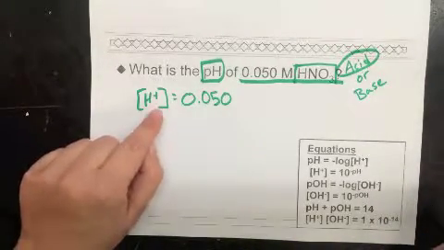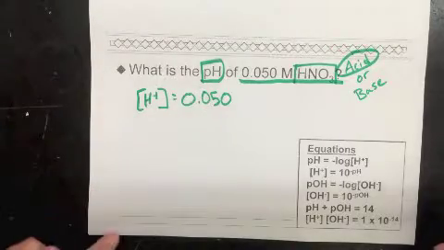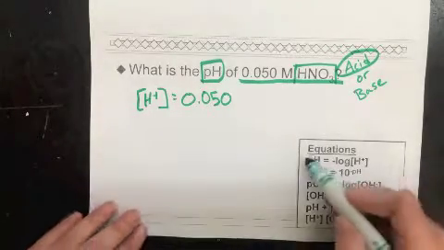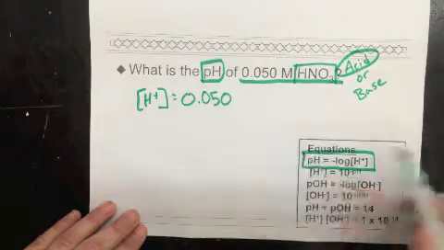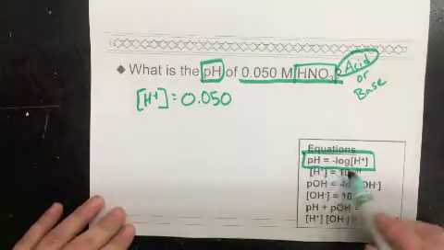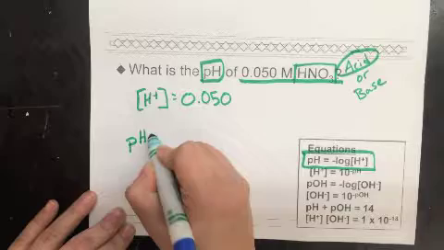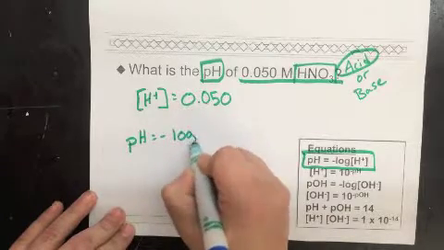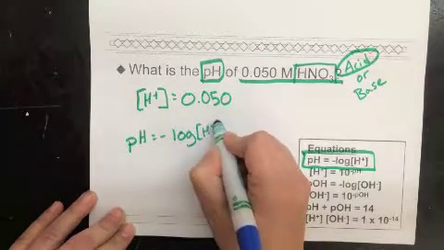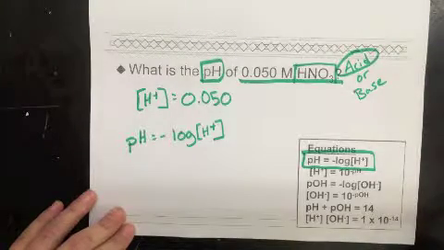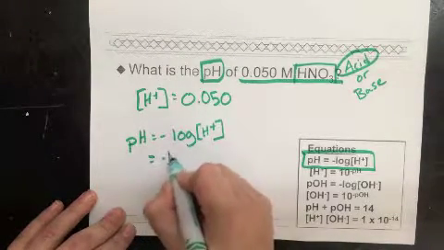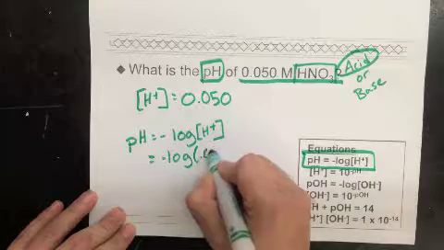Is there an equation that has H+ solving for pH? Your answer should be yes. It's this equation right here. We're simply going to use pH equals the negative log of H+ and simply plug it in. So we get the negative log of 0.05.